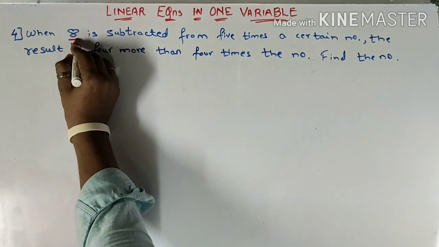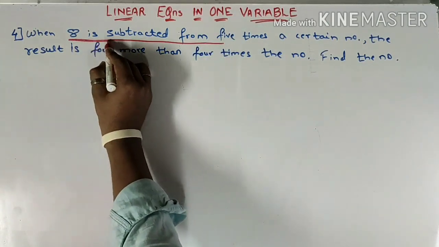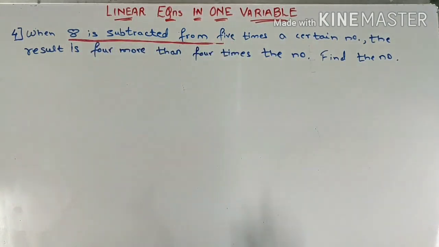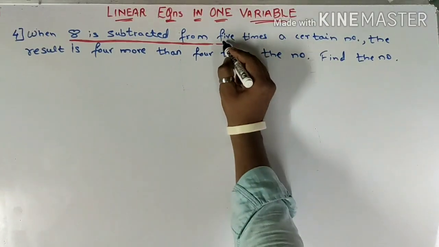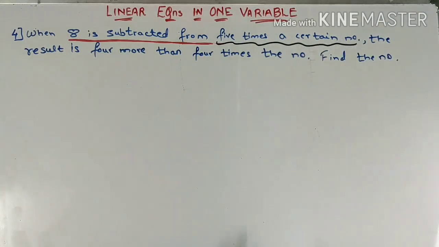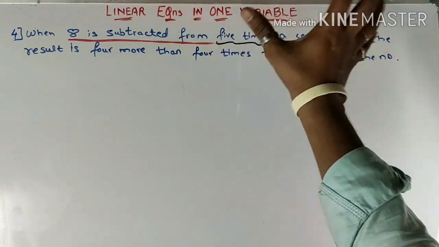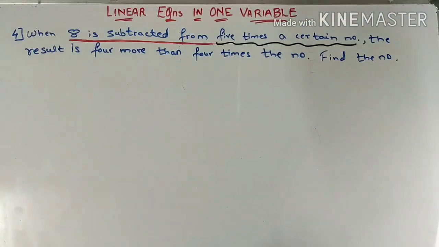When 8 is subtracted from, so my first part is when 8 is subtracted from what? So when 8 is subtracted from 5 times a certain number. Okay, so that means there is a certain number which is multiplied by 5 and from that 8 is subtracted.